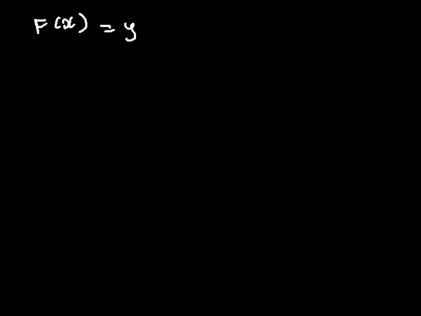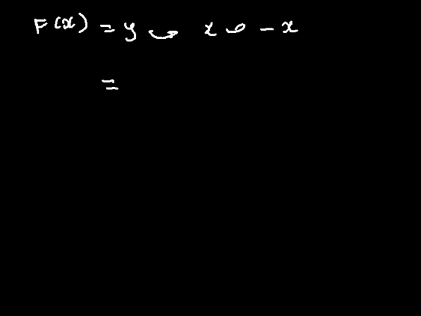So in the sense that if we have a function f of x, and if we substitute negative x into the function, and it gives the same function as it was before, then the graph of the function is symmetric about the y-axis.